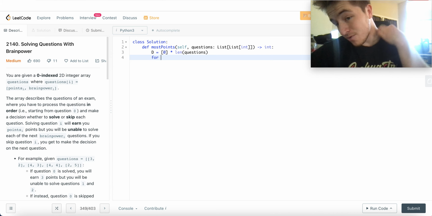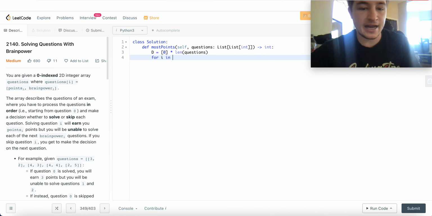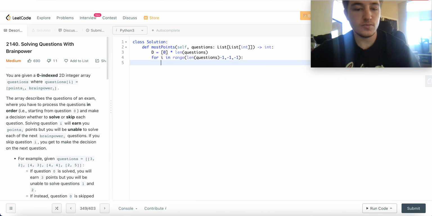And then we have to go in reverse, right? So we'll call it I in range, length of questions minus 1 to minus 1 in the minus 1 direction. Don't ask me why Python is like this. So for any question, right, the best thing we can do is what? Either we just skip this question, right?